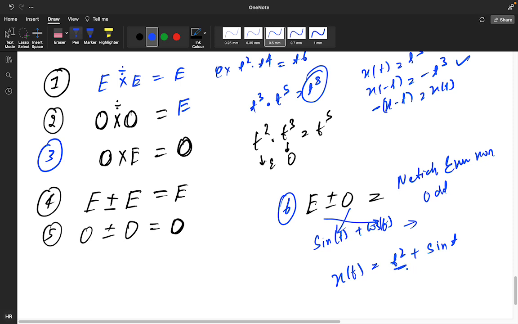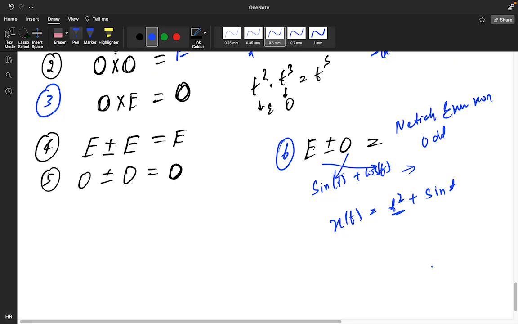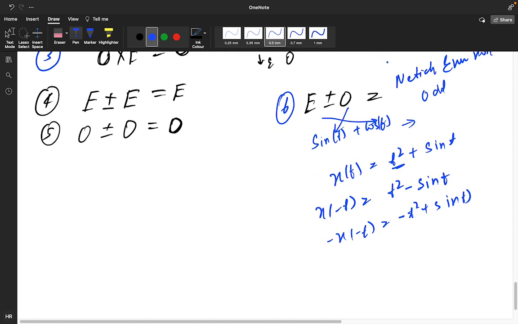T square is even and sin t is odd. Then x of minus t is t square minus sin t, and minus x of minus t is minus t square plus sin t. It matches neither x of t nor minus x of t, so it is neither even nor odd.